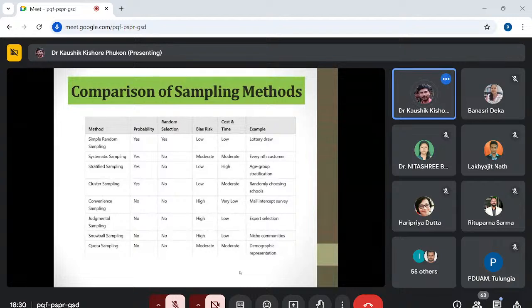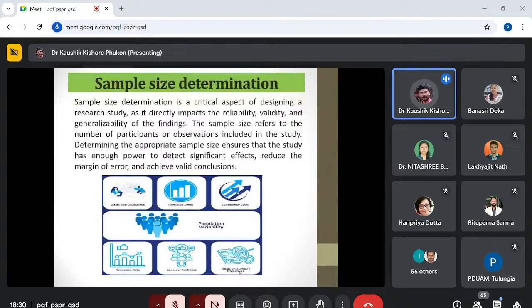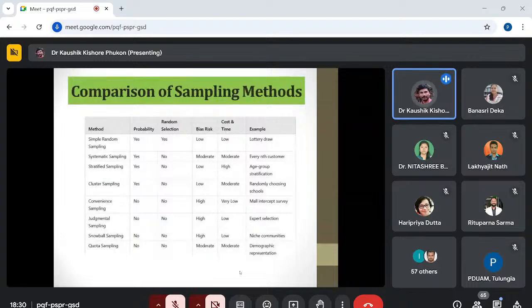Cost is low in random sampling, and very low in convenience sampling. In stratified sampling, the cost is high. So a few examples are given. This first part is okay here.